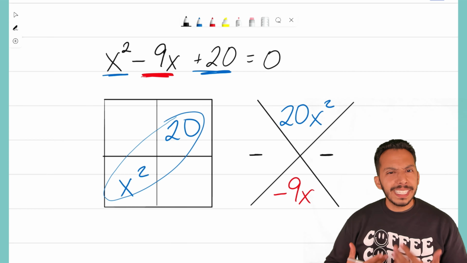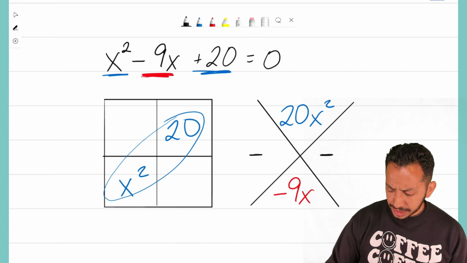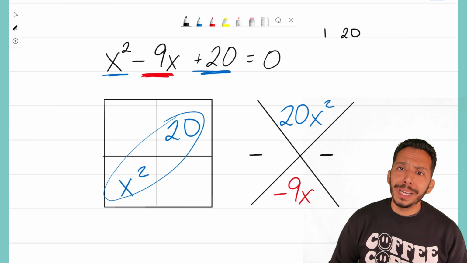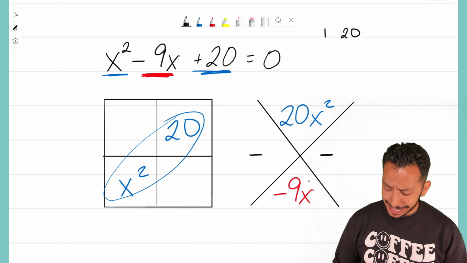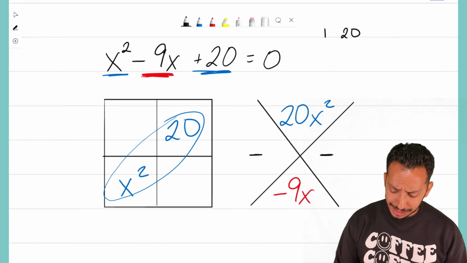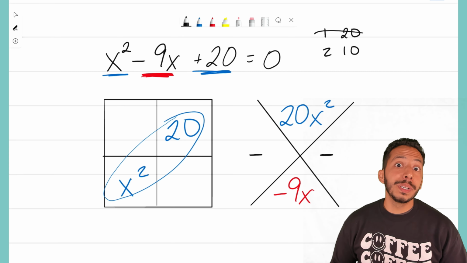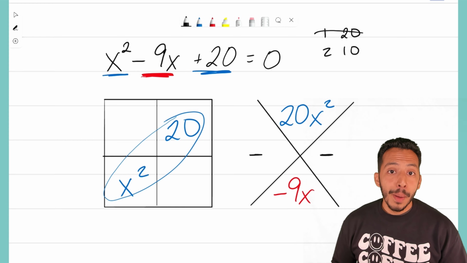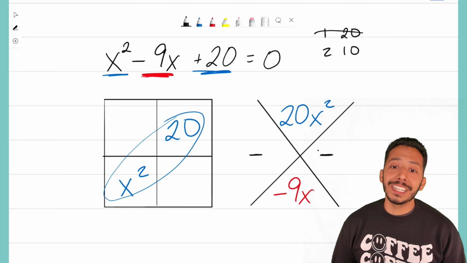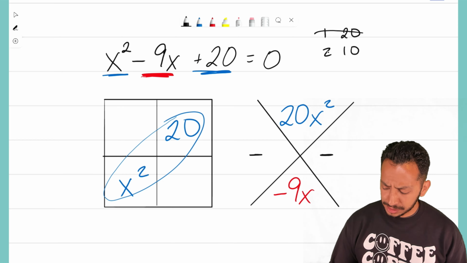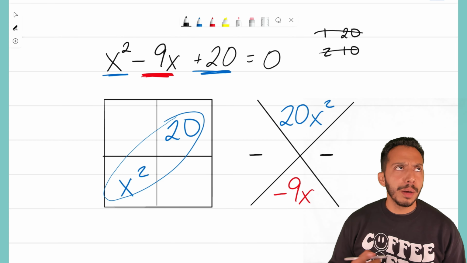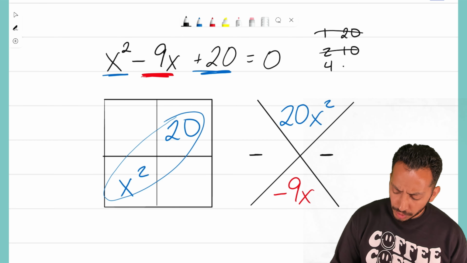So now, let's think about some factors of 20. We can start with, well, 1 and 20. I don't think 1 and 20 are going to add to negative 9x, so that's not going to work. We can go to 2 and 10. 2 and 10 is close, right? But when I add those together when they're negative, that would give us negative 12x, so we're definitely not going to use that. 3 doesn't go into 20, but 4 does.